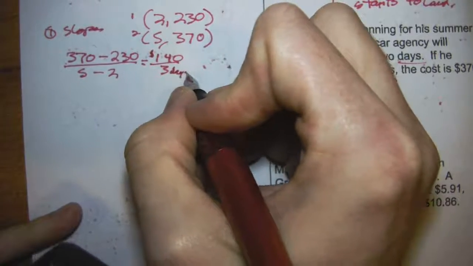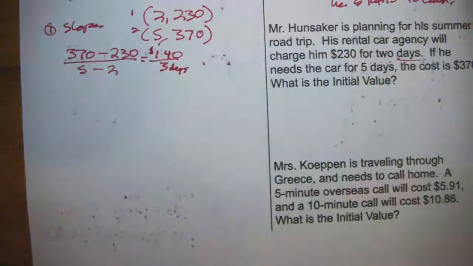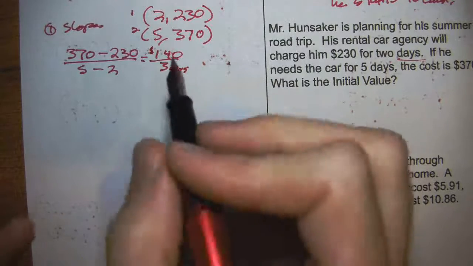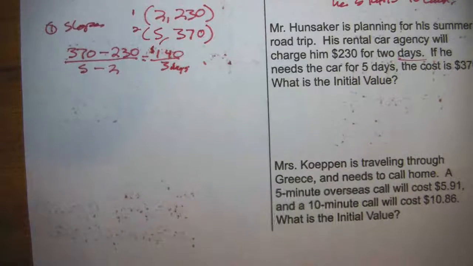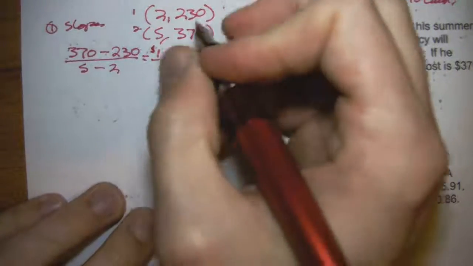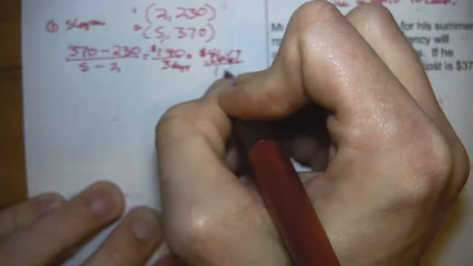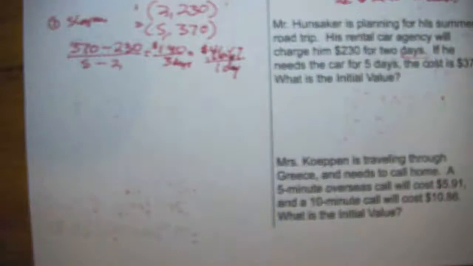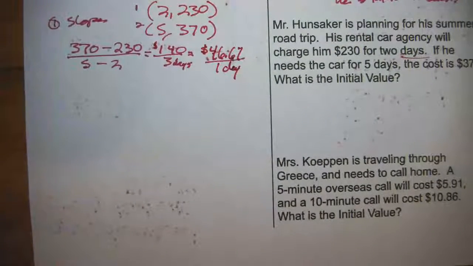Days, not minutes, Lord Almighty, that'd be expensive. Days, simply because that doesn't make a lot of sense. Most of the time, we don't want to look at rentals in that regard. So if I divide by 3, we're going to get roughly, because we'll have to round it here, $46.67 for every 1 day. Whew. So that's our rate. Cool. So there it is.